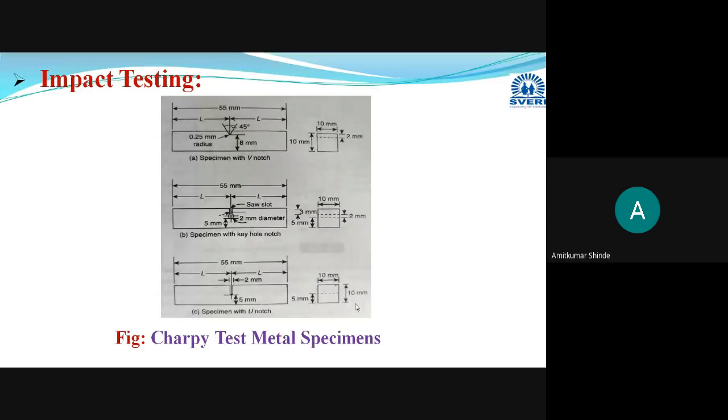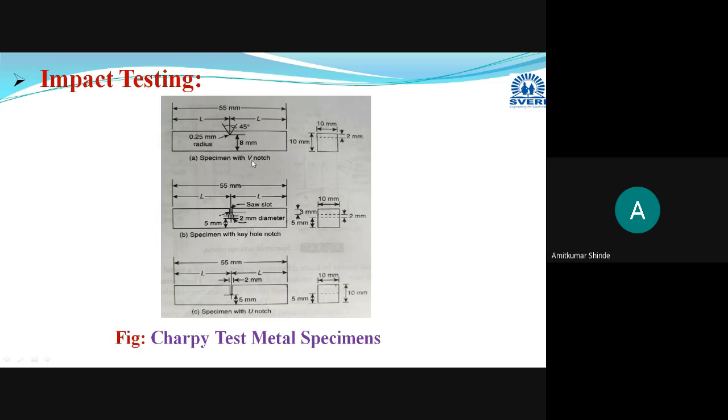In this Charpy impact test, three different kinds of specimens can be used. Whichever notch is used, there are different types here. In the Charpy impact test, three types of notches can be made, and depending on that, three types of specimens are available.